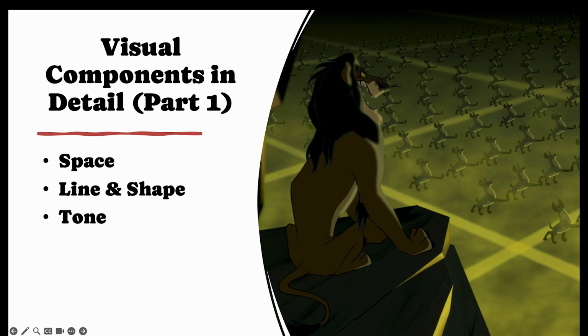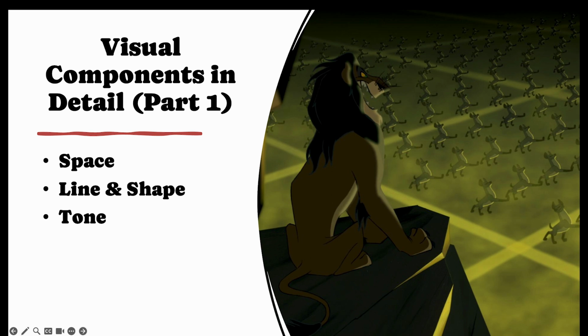So in this particular film still, I won't get into the plot of The Lion King too much, but we have Scar, our antagonist, and we don't even have to know who this character is in this film. We know something nefarious is going on. And this is by looking at the space, the line and shape of the composition and the tone, right?